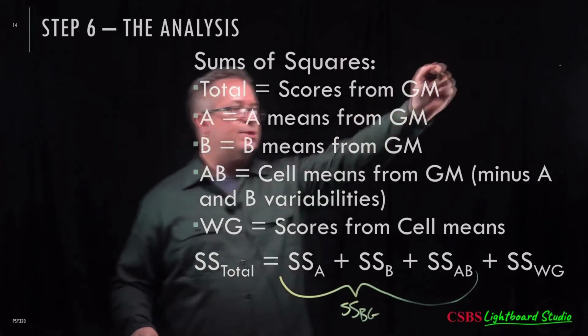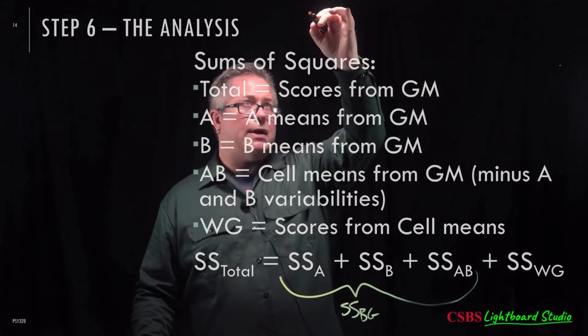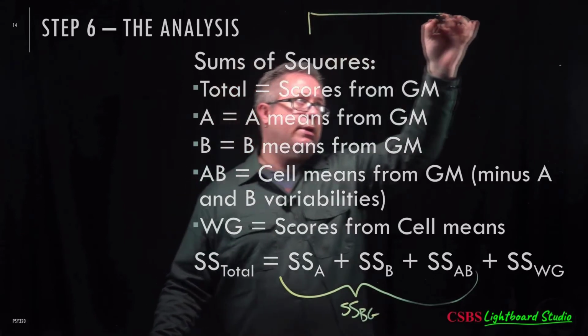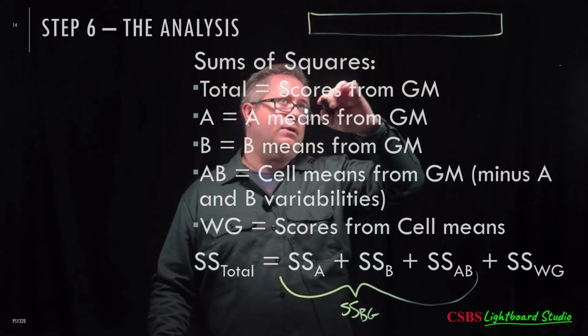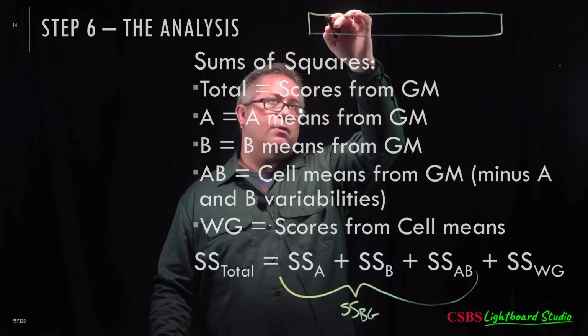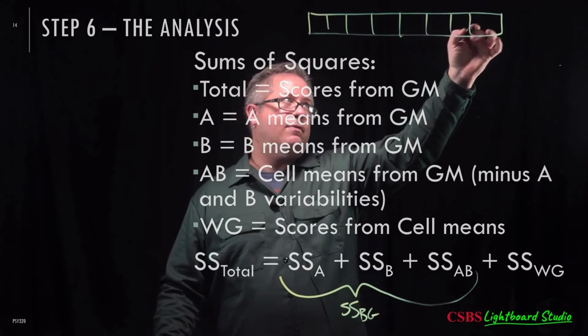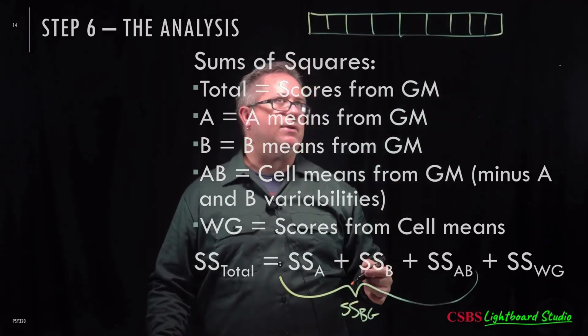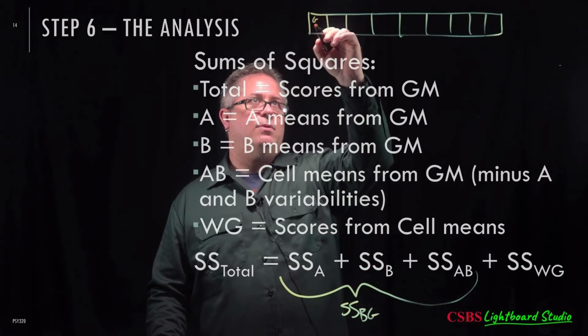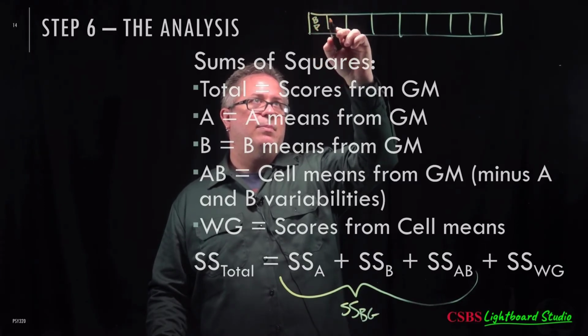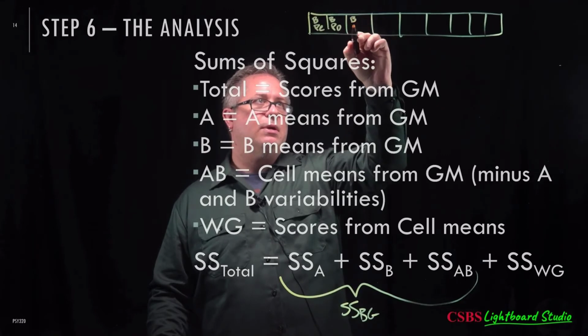If I were to pretend for a second that I had a one-way design in which I had 9 different cells, this is my Beechnut peas, Beechnut potatoes, Beechnut carrots.